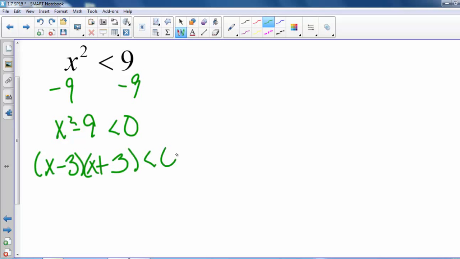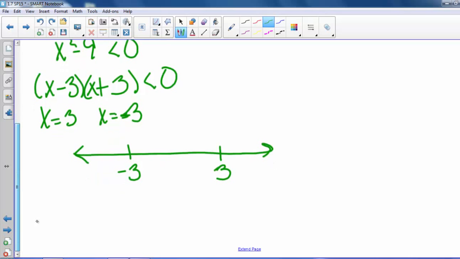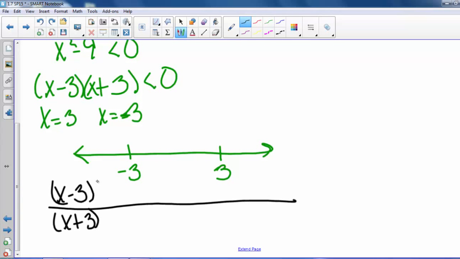We find our zeros, that's at x equals 3 and x equals negative 3. We put those on a number line. We write our factors on the left side. And then we're going to create our sign chart.